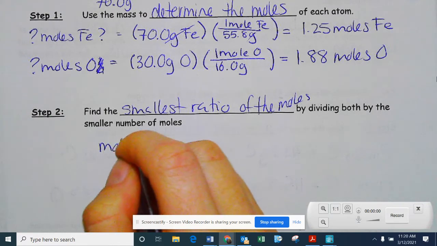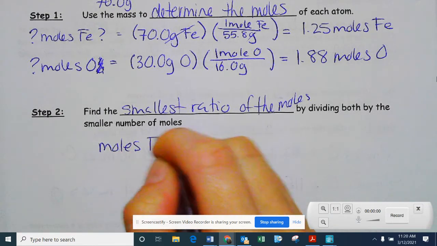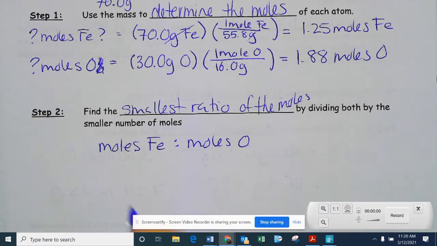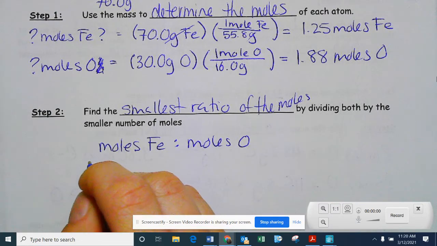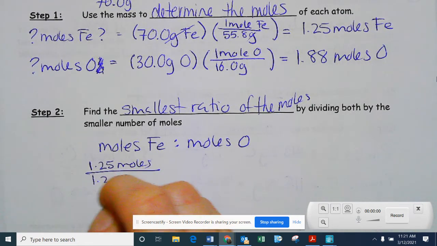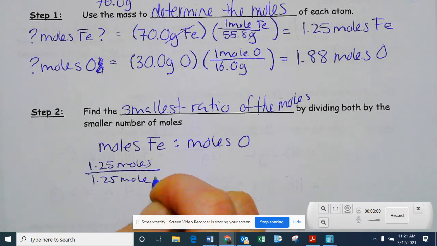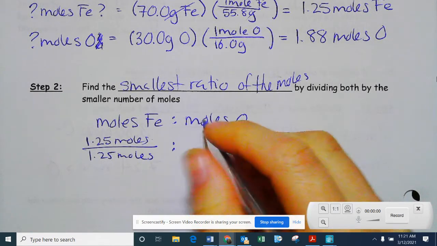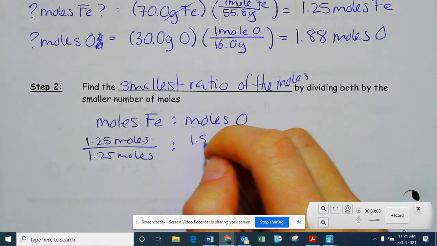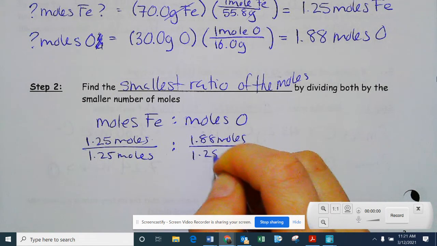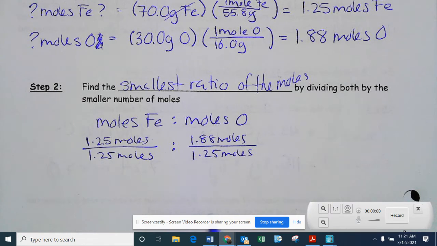So I'm just going to write this as if we're setting up a ratio: moles of Fe to moles of O. I'm going to end up with 1.25 divided by 1.25, because this is how many moles of iron I have, and my smallest number also happens to be my iron. And then 1.88 moles of oxygen divided by my 1.25 moles, which is my smallest number.